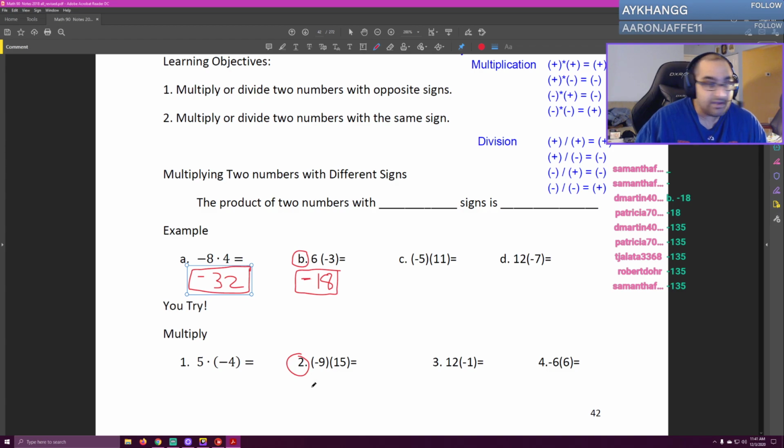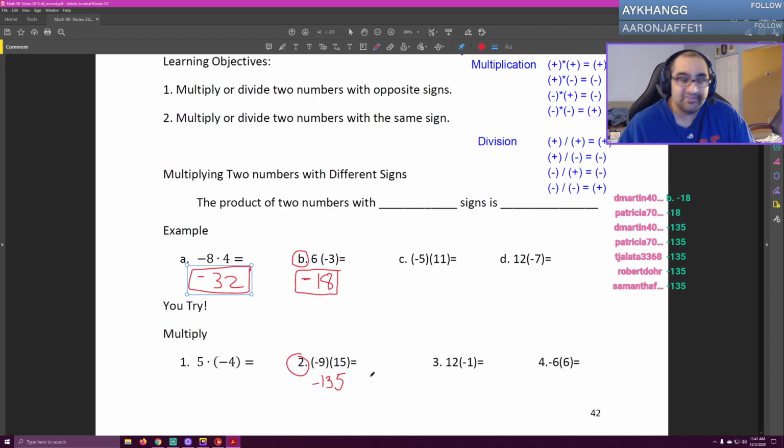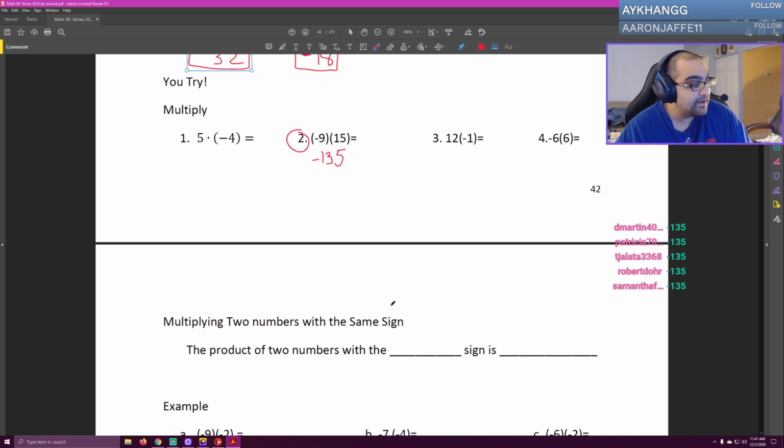Negative 135. Look at that. Easy time, easy life. That wasn't so bad. Doing good, doing good. Positive vibes. I like this. You guys are doing really good.